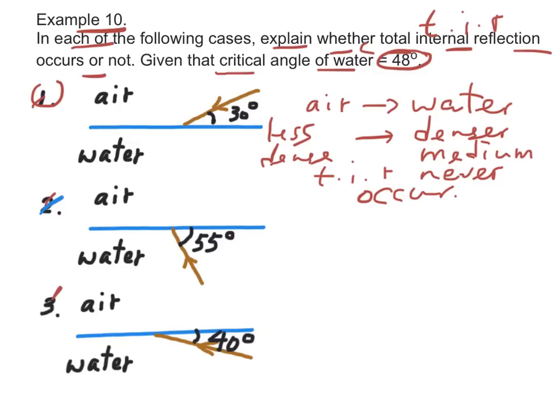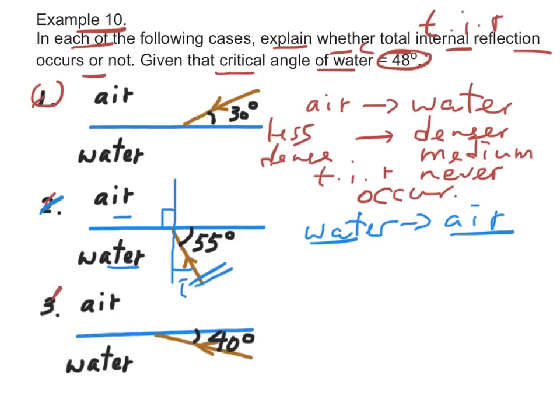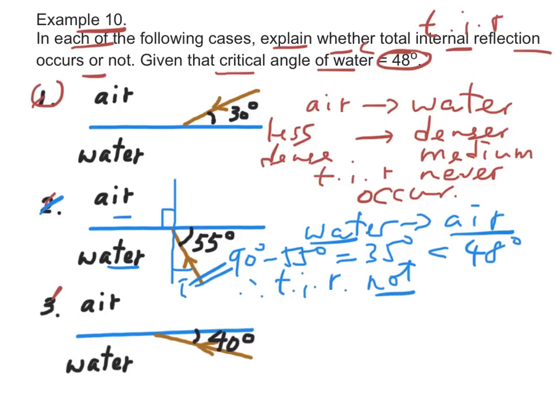For case 2, the light travels from water to air, which is from a denser medium to a less dense medium. However, the angle of incidence I equals 90 degrees minus 55 degrees, equals 35 degrees, which is smaller than the critical angle of water. Therefore, total internal reflection does not occur.